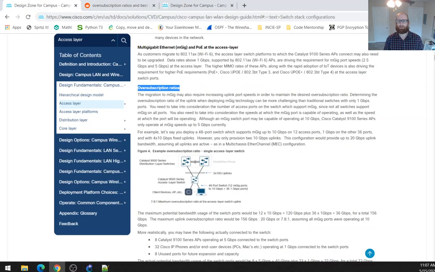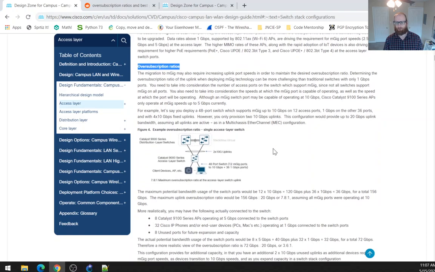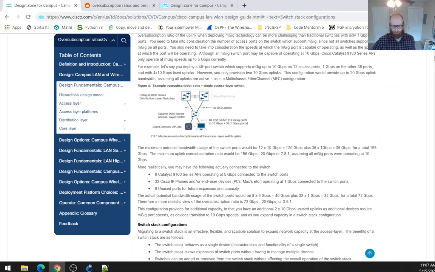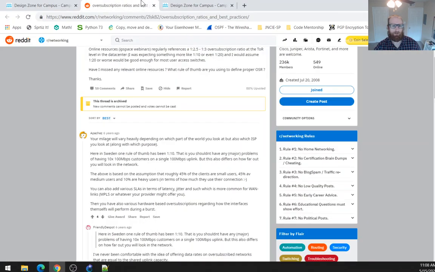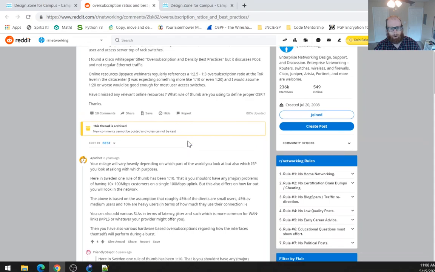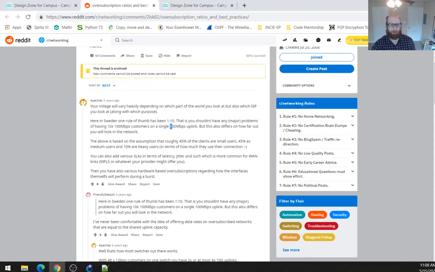In the design zone, they list the uplink first and then the edge ports second. Oh no, they list the uplink second and then the edge ports first. So it's an edge to uplink ratio. Here they're doing an uplink to edge ratio. So the uplink has 1 gig, so we see uplink here. The edge has 10 gigs, so we can see it's an uplink to edge ratio.